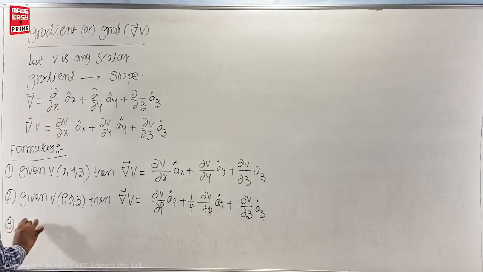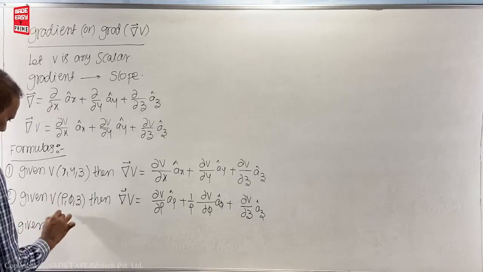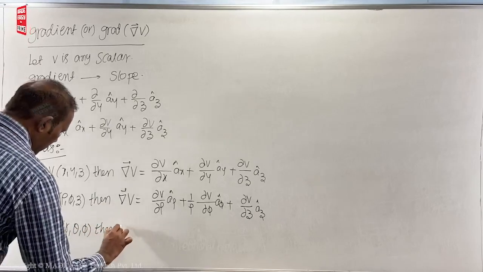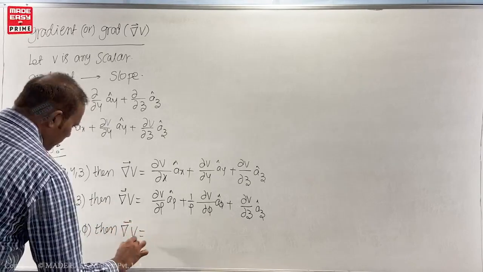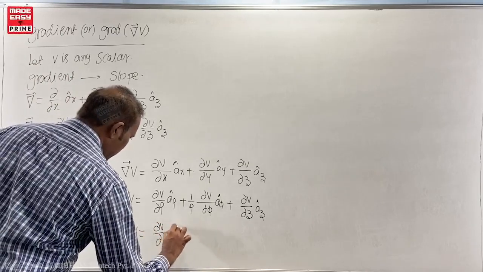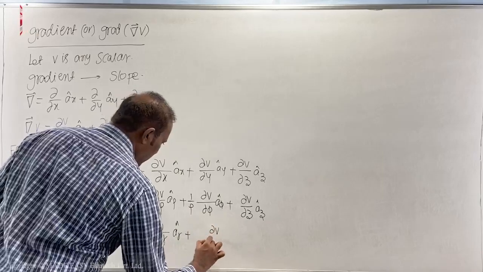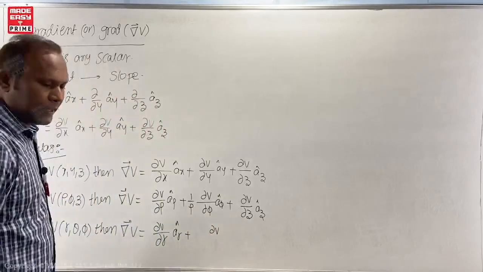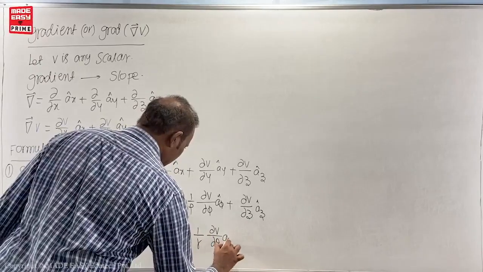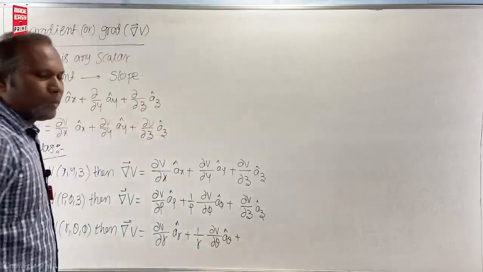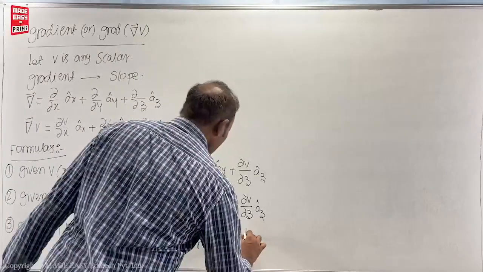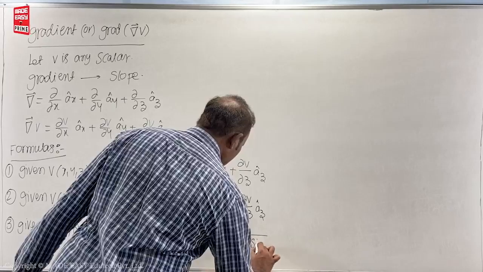So the third one. Given scalar V is a function of r, theta, phi in the exam question, then grad V is equal to dou V by the differential length in the r direction, which is dou r, then dou V by the differential length in the theta direction, which is r d theta, so 1 by r is written here.